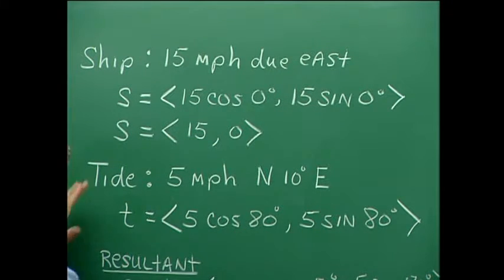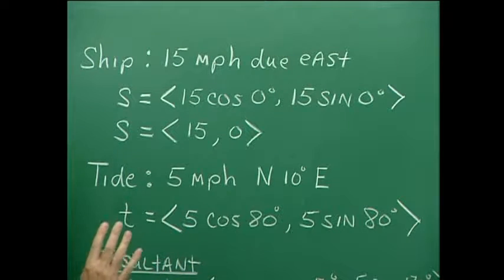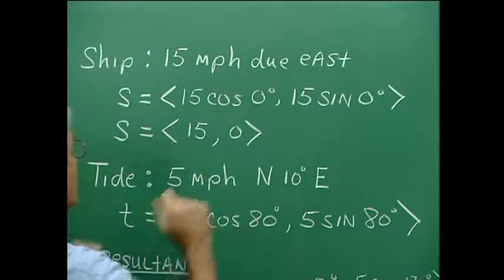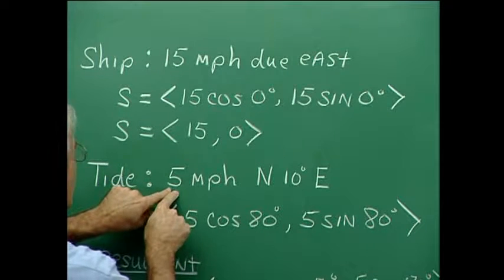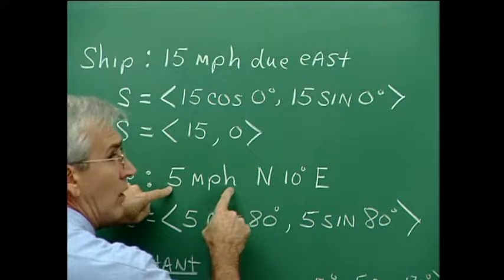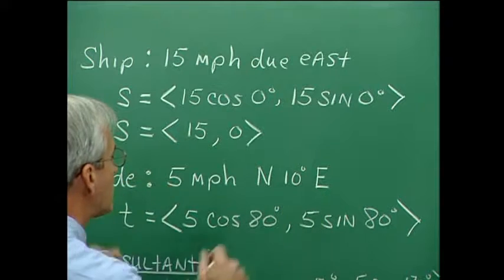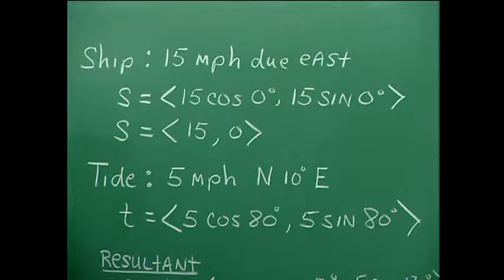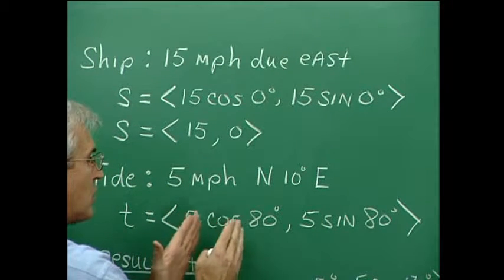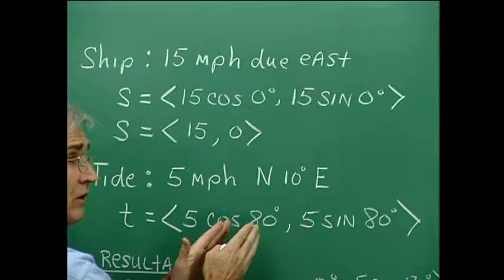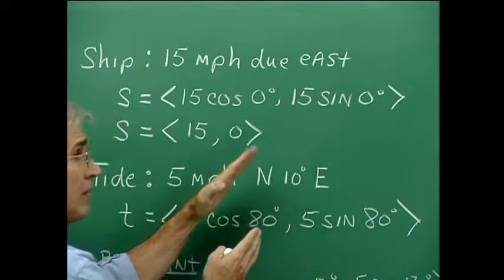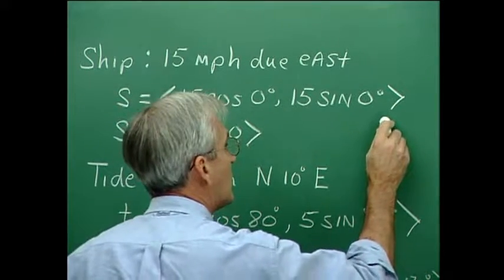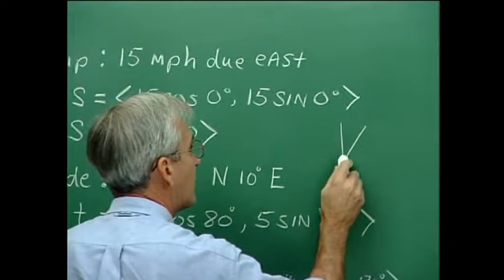Okay, for the tide, it's a different kind of thing here. We're not going to get a nice, easy situation, but here's how we handle it. The tide is going 5 miles per hour on an angle that is north 10 degrees to the east. Now, we want magnitude times cosine of an angle, but the angle is turned from the horizontal. Remember, it's turned up like this. The tide vector was like this.